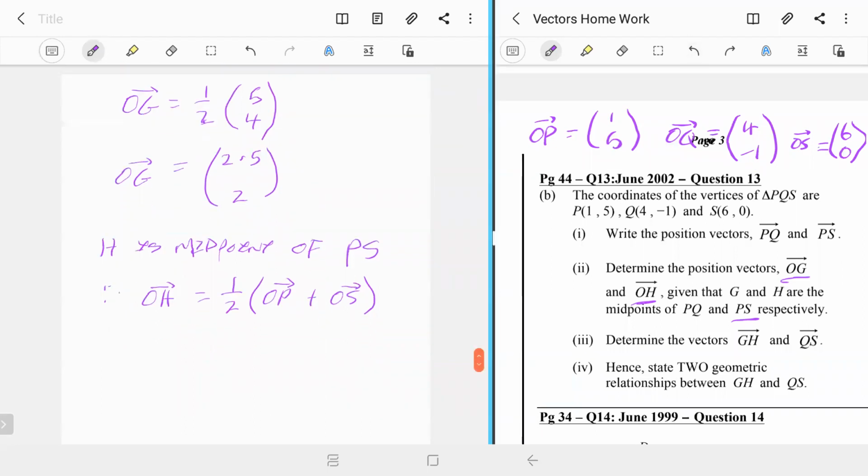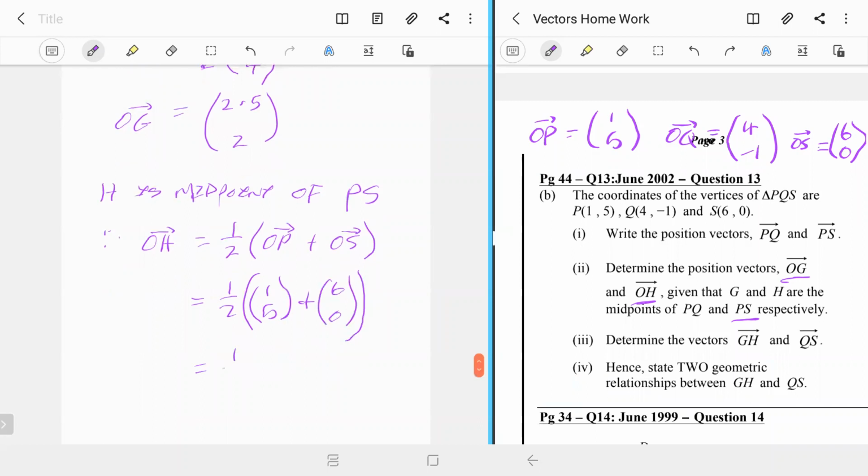So it becomes half of OP, which is 1.5, plus OS, which is 6.0. Averaging that, it becomes half of 7.5.